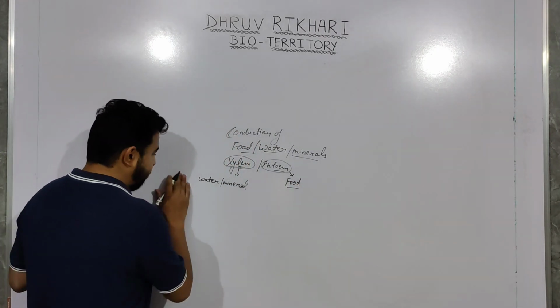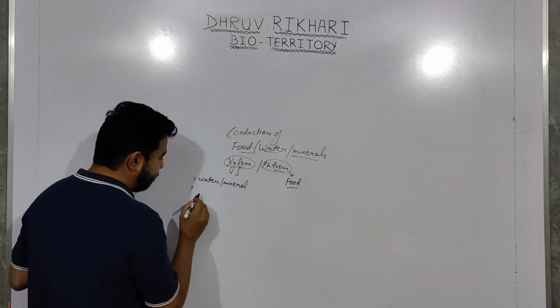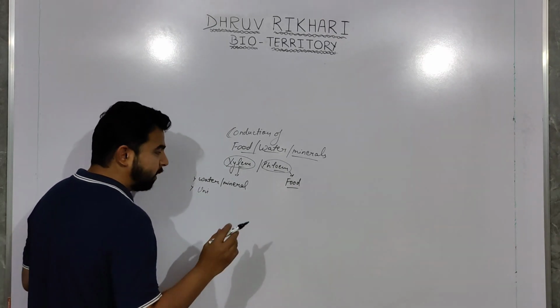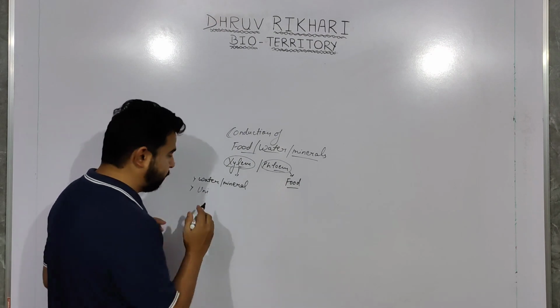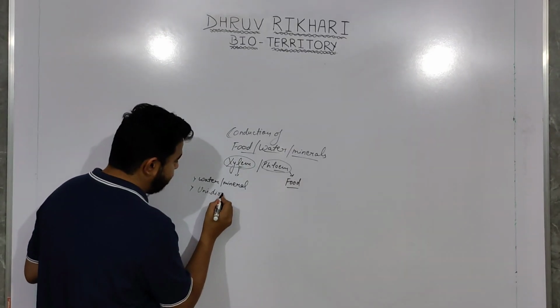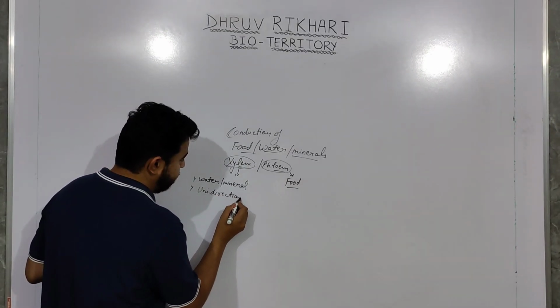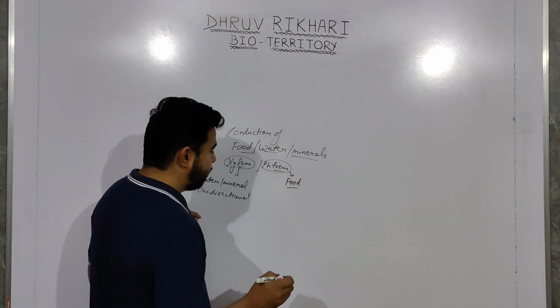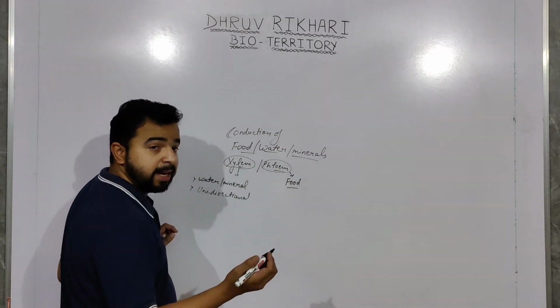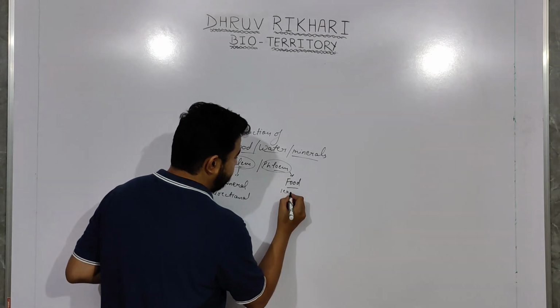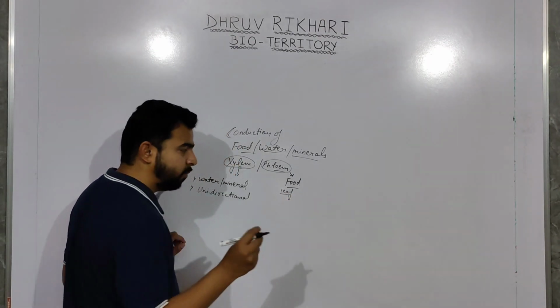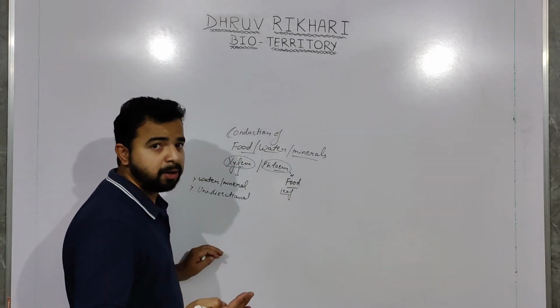Now in xylem, what is happening here? In xylem, the transfer is from roots to other parts of the plant, so we call it unidirectional. Whereas in plants, the food is synthesized in the leaves, which are the green part of the plant.